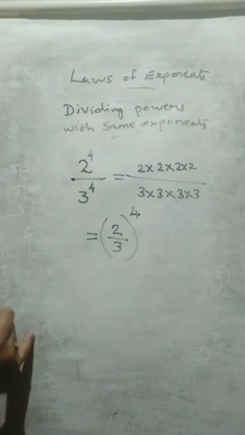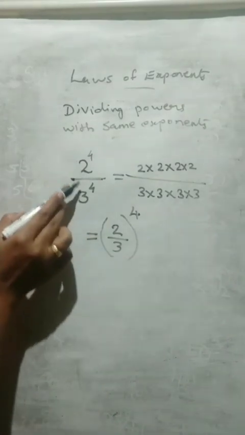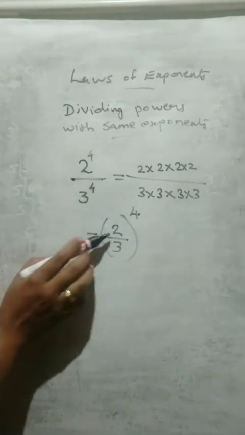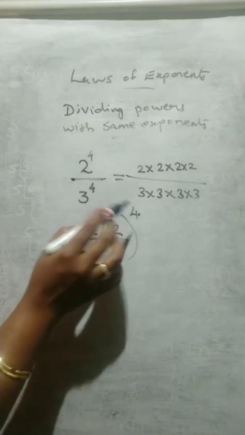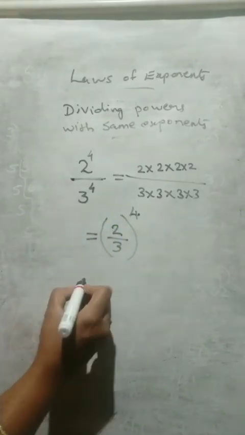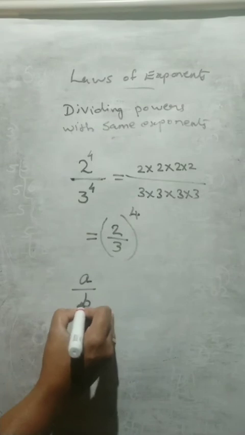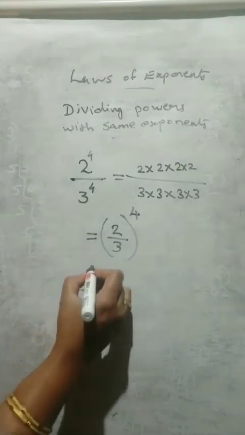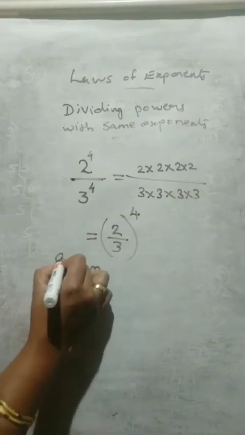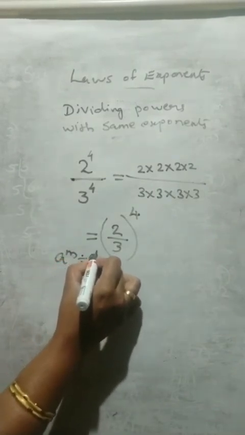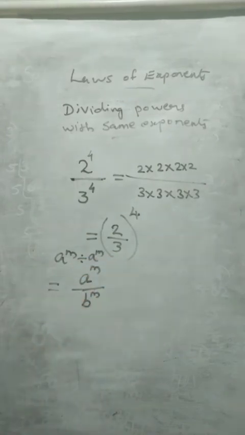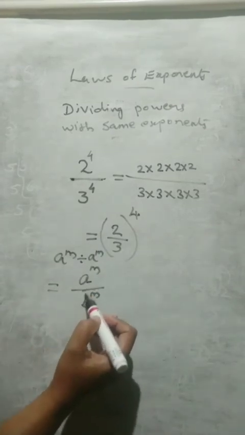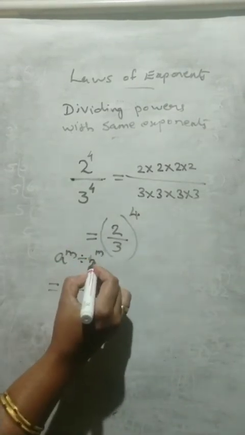That is, here divide the base and keep the same power. First we have to divide the base, then keep the same power. If a by b bases, then powers: a raised to m divided by b raised to m, not a.